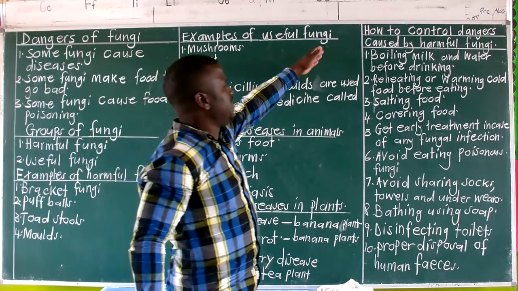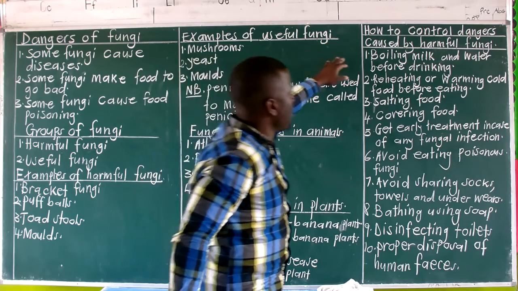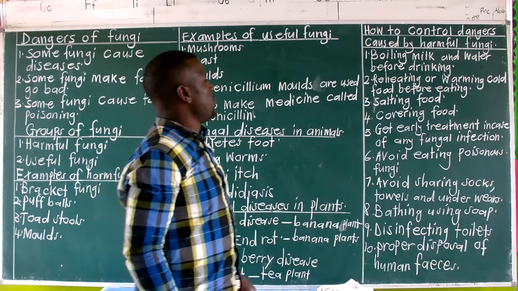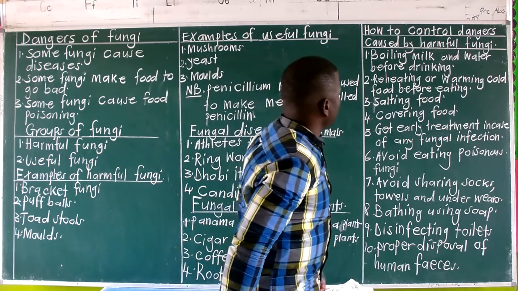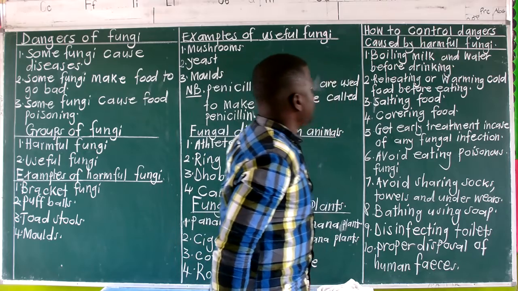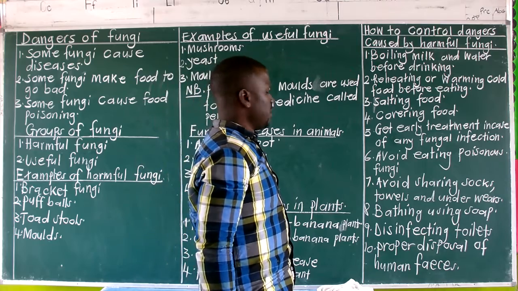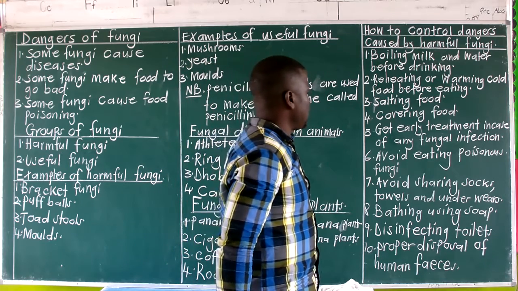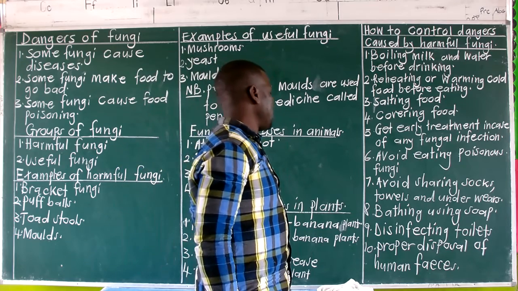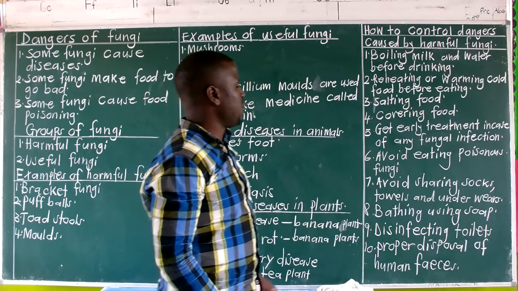So these are different ways we can control the dangers caused by harmful fungi. Number one, boiling milk and water before drinking, reheating or warming cold food before eating, salting food, covering food, then get early treatment in case of any fungal infection, avoid eating poisonous fungi, like toadstools, bracket fungi, and so on. Avoid sharing socks, towels, and underwears.